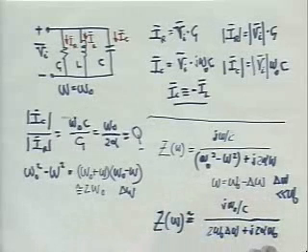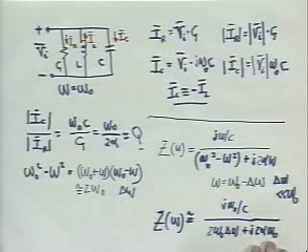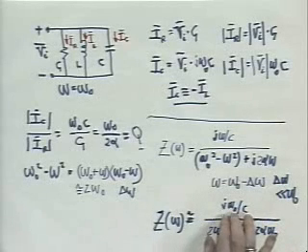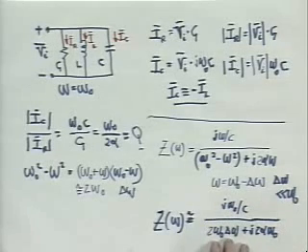That is, I'm ignoring delta omega when it appears added to or subtracted from omega naught, and accounting for it only in this term.